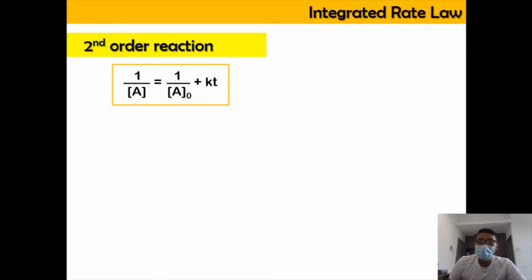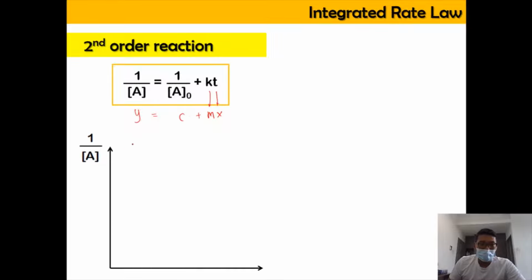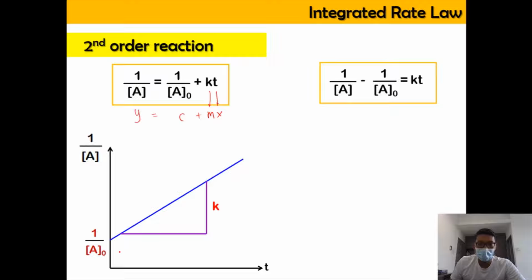Based on our integrated rate law, we got 1/[A] = 1/[A]₀ + kt. So, the same as before, it is a linear relationship, y = mx + c. 1/[A] is our y-axis, our x-axis is going to be t, our gradient is going to be k, and our intercept is going to be 1/[A]₀.